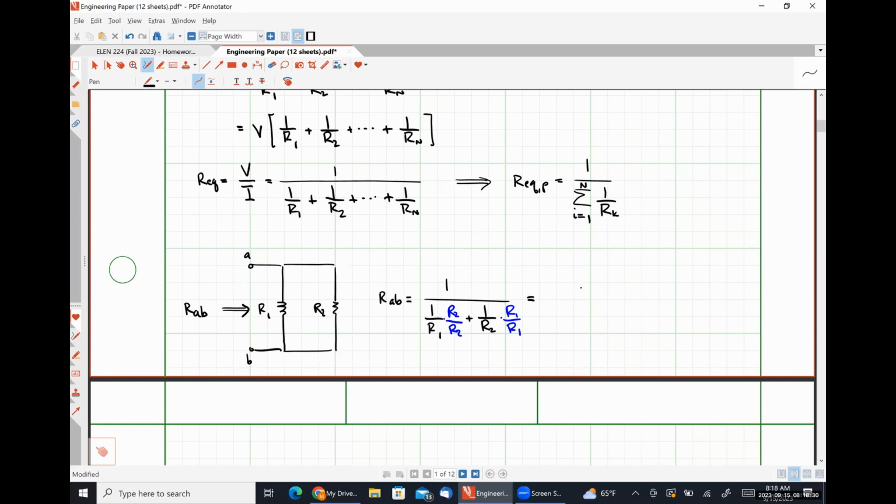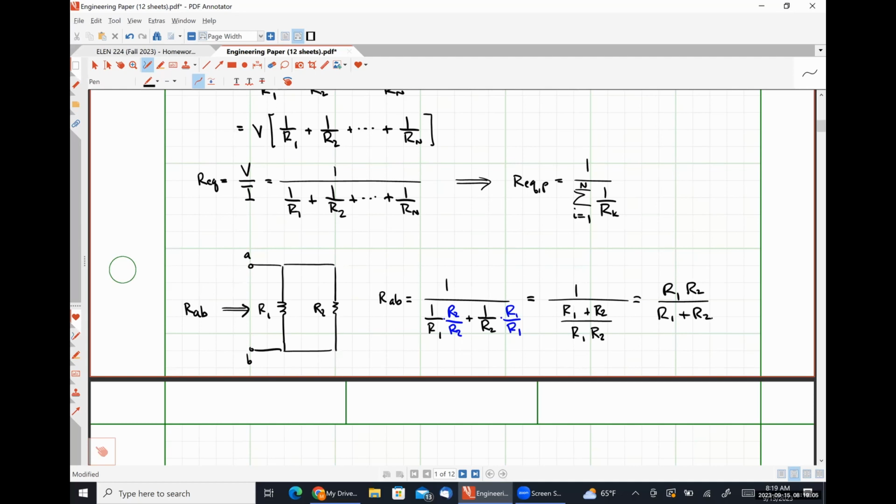So what I should have is 1 divided by R1 plus R2 divided by R1 times R2. And because of how dividing by fractions works, 1 over that fraction is the same as 1 times the reciprocal of that fraction, giving me R1 times R2 over R1 plus R2.